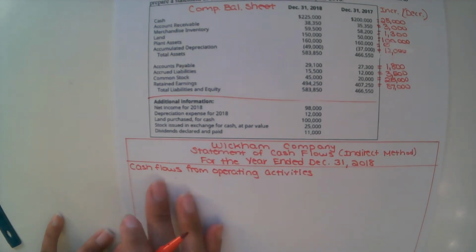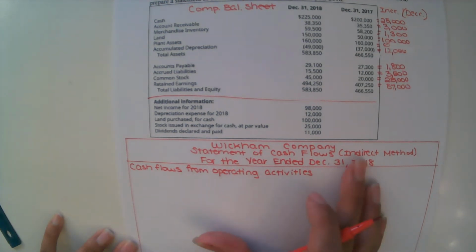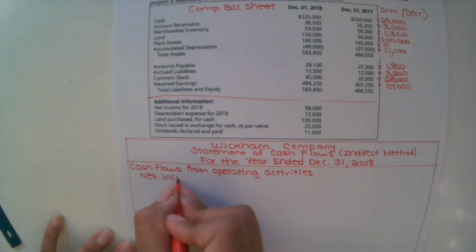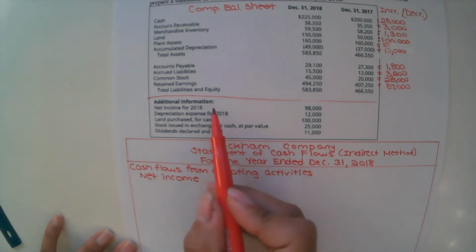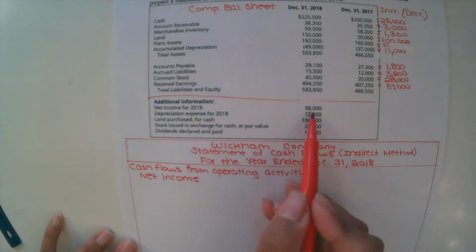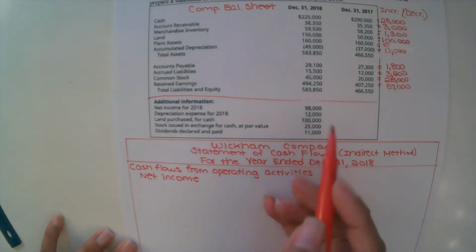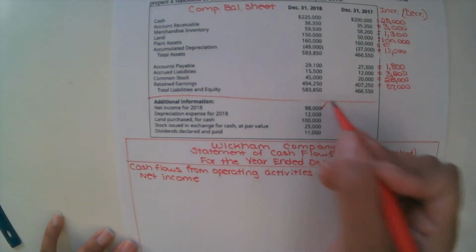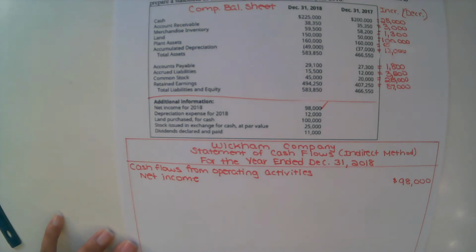This is the first section, and it's the operating section where we're going to list all of our cash flows. We said we're using the indirect method, which starts with net income. So now you can see why they needed to give us that net income for the year, $98,000. So I'm going to push that out. 98,000. Yay, done.